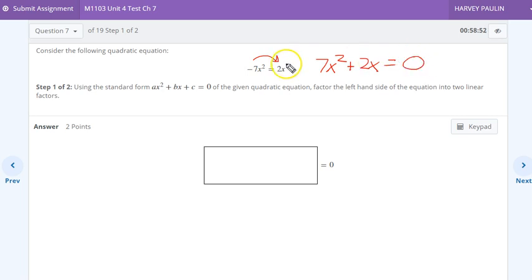I could put the 0 on this side, but I'm putting it here. So this is now in standard form. But they ask us to factor the left-hand side. So what can you take out of each of these terms? And it's just an x.